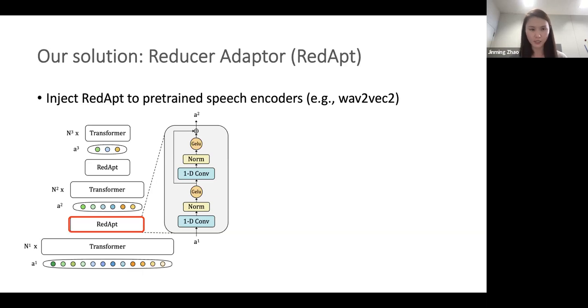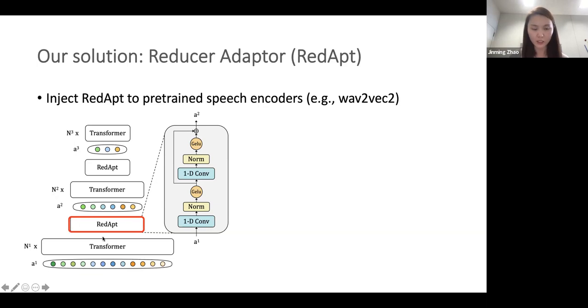Our solution is to propose a lightweight adapter called reducer adapter, short for RedApt. The idea is to inject RedApt into pre-trained speech encoders, for example, wav2vec2.